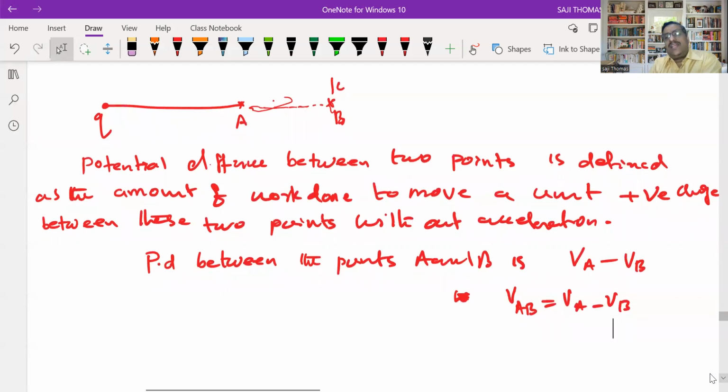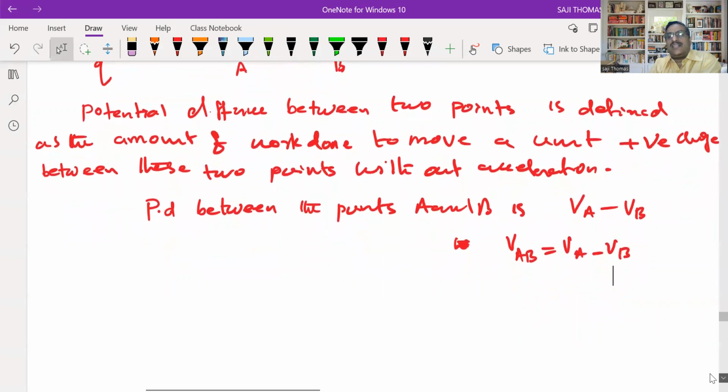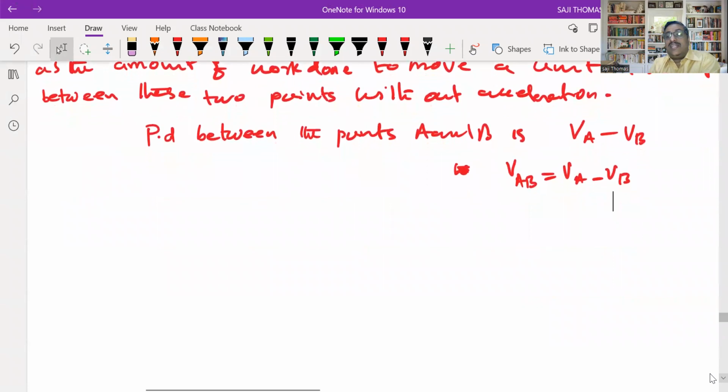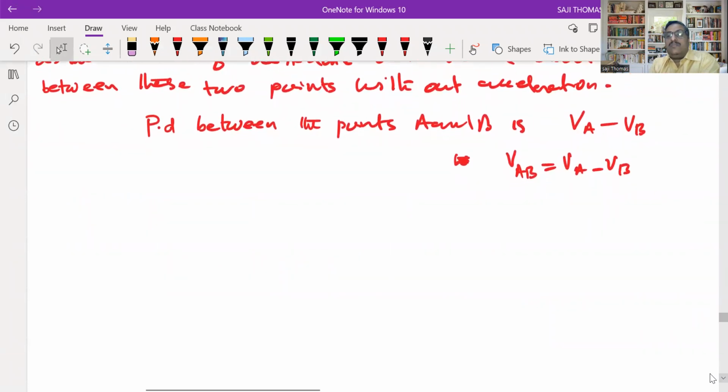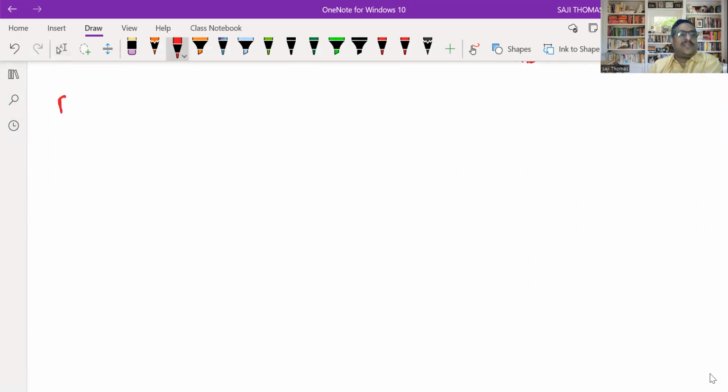Now we can derive the relation between potential difference and electric field. See, the electric field and potential difference are related. Let us derive the equation for the relation between potential difference and electric field. So this is a small derivation and it is very important.